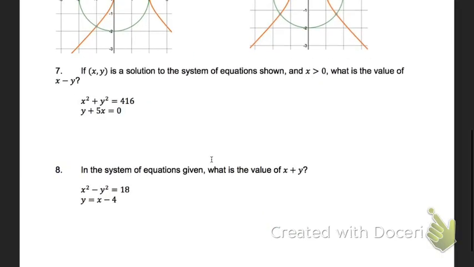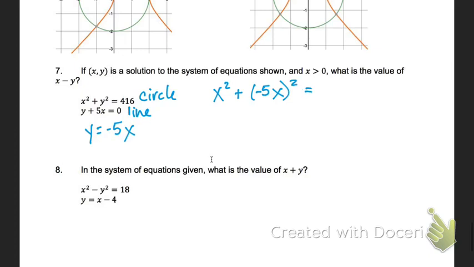So 7, we have a circle and a line. How could I solve this? You do y equals -5x. Substitute it in, so x squared plus (-5x) squared equals 416.